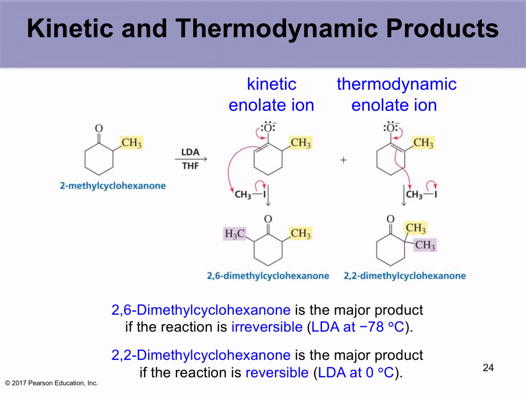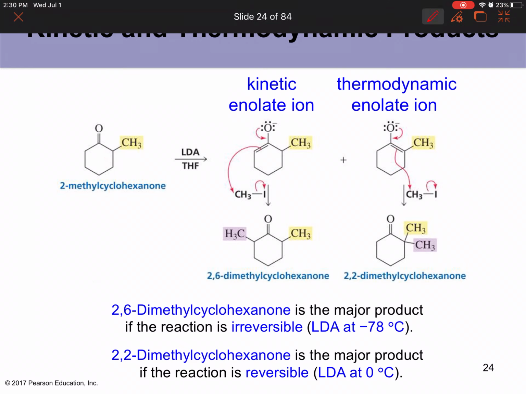Now let's see, here we have 2-methyl cyclohexanone. You add lithium diisopropylamide and tetrahydrofuran. So what's going to happen? You can form the enolate on this carbon. There are two alpha hydrogens. Do you see that?